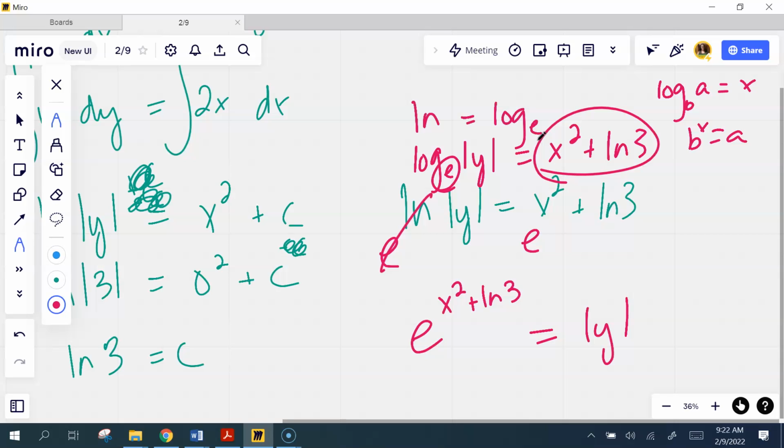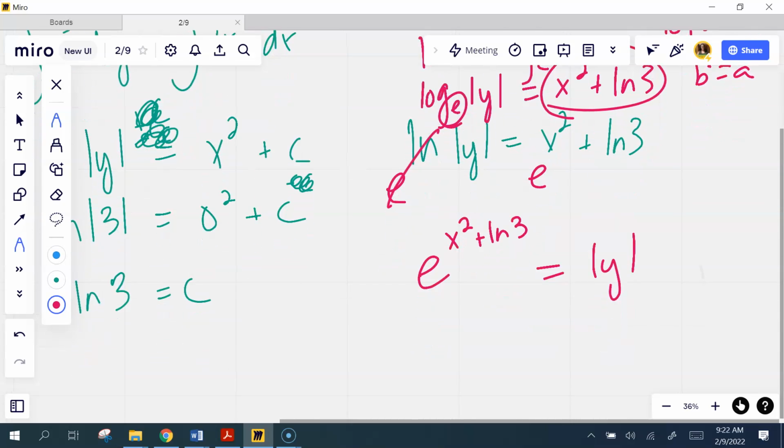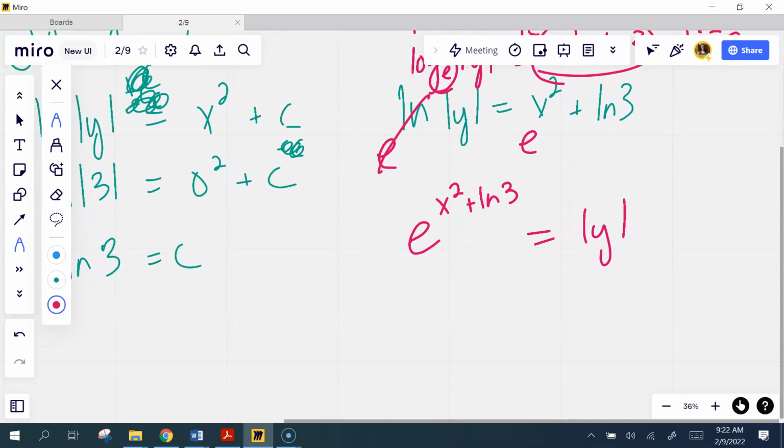Yes. Yep. So now, and you do have to know this because of multiple choice. These are typical multiple choice questions where you have to know your log properties, and they show up all the time. If you are adding in the exponent, that means this is e squared times e to the natural log of 3. And that's important because e to the log of 3 is 3.